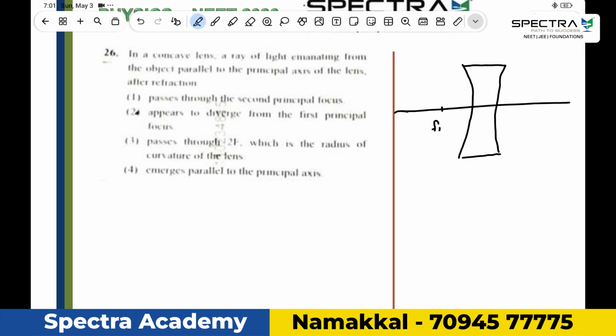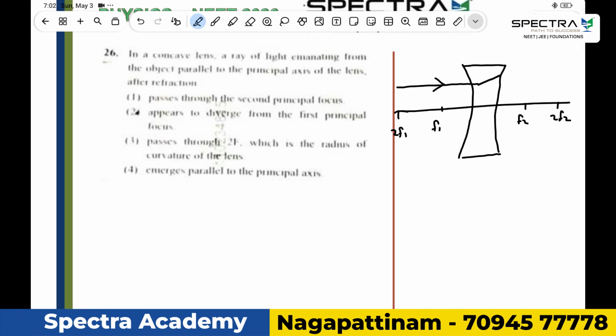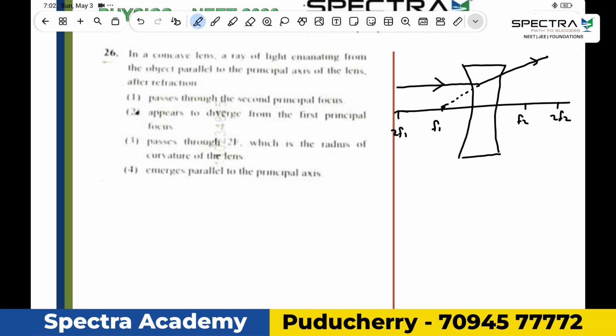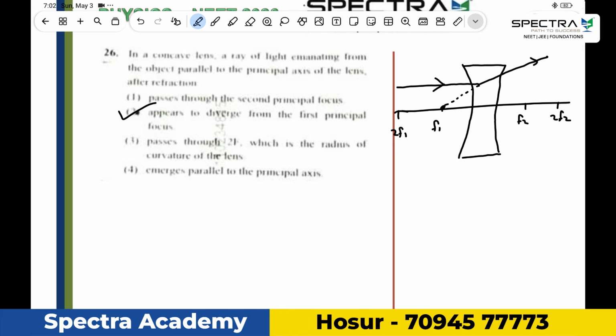This is F1, 2F1, this is F2, 2F2. See, there are rays which are coming parallel to the principal axis. You know it will diverge. If you backtrace them, it will be coming to F1. So which is the right option? The second one: appears to diverge from the first principal focus.